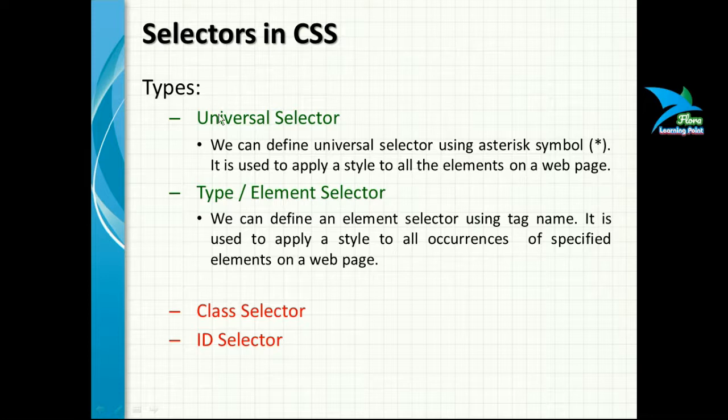A universal selector, as we know, is defined using the star symbol, and it will be applicable on all the elements of a web page. And if we define an element selector, then the name of the selector will be the tag name, and that selector will be implemented on all the occurrences of the specified tag.